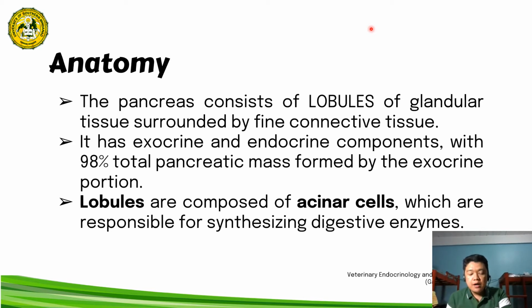So there are two portions of the functional unit of the pancreas. We have the acinus or the acini and its corresponding ductules or ducts. The ductal system extends from the lumen of the acinus to the duodenum.